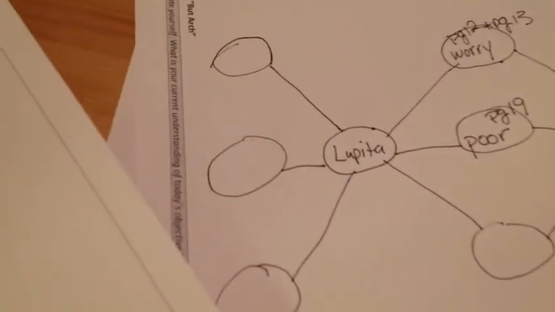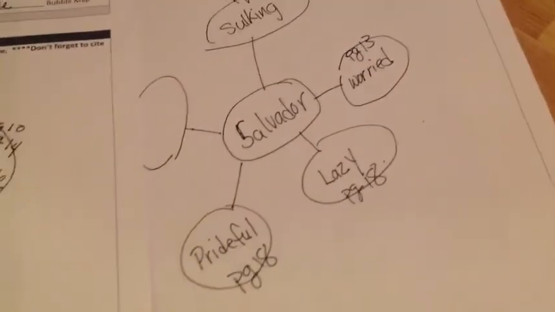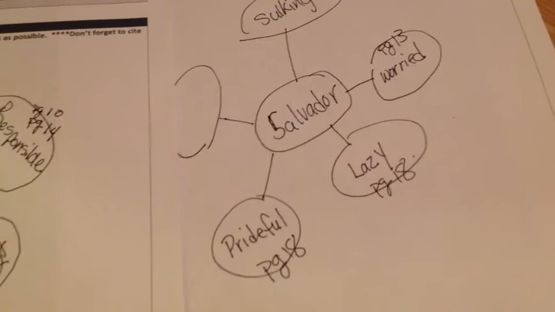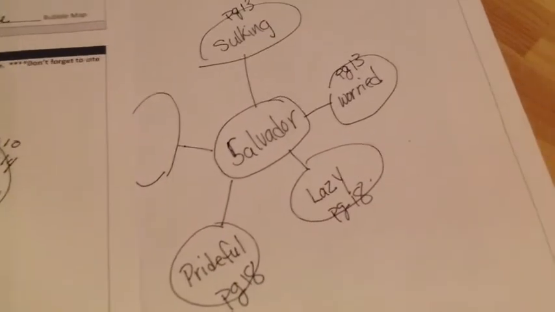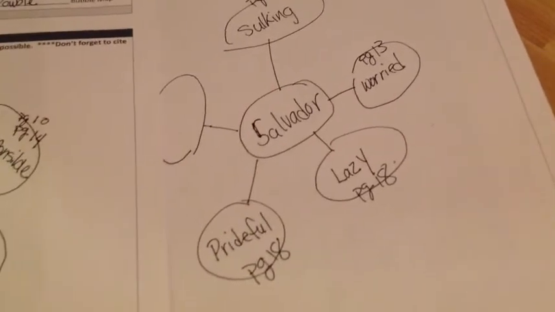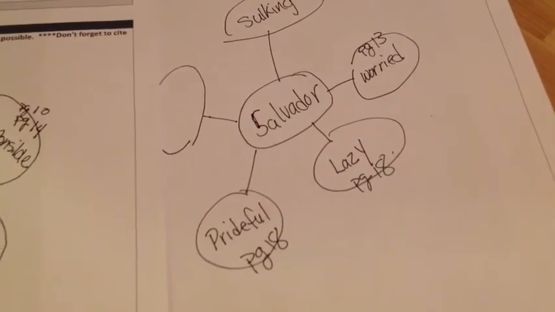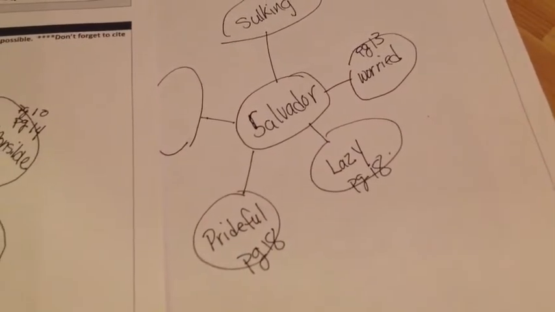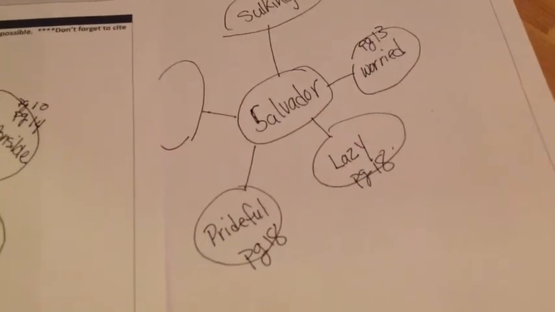Okay. For Lupita, I'm going to look back at my maps, and I have them side by side, but you probably have to flip back to them. I can see that Lupita is actually very helpful, whereas her brother is not helpful, right? He's not helpful, but he is actually prideful. So he has a lot of pride, but he doesn't help people.